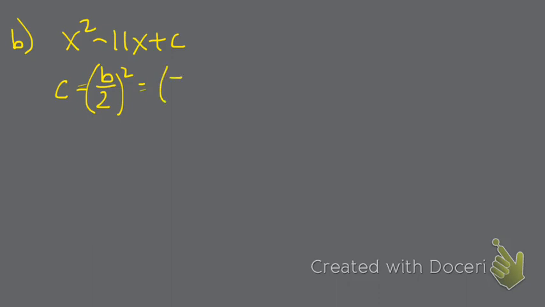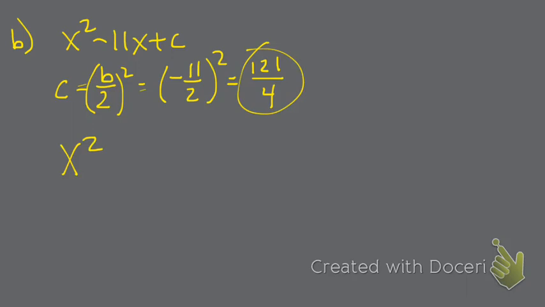So in this problem, it's -11 cut in half and squared. If I do that, -11 times -11 is positive 121, and 2 times 2 is 4. It's a very ugly c value, but nonetheless that's my c value. So I can rewrite this as x squared minus 11x plus 121/4. And now that is a perfect square trinomial.